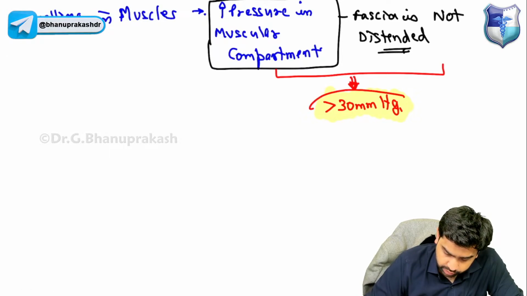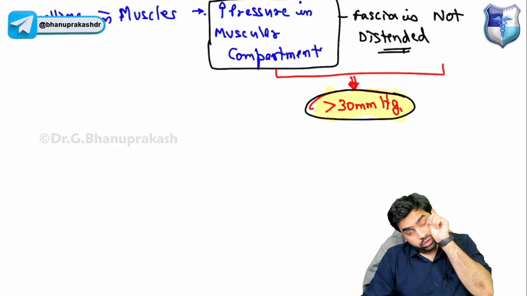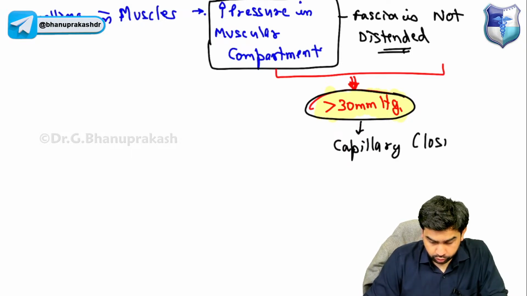This more than 30 millimeters of mercury is what is called the capillary closing pressure. And because of this, what is going to happen?